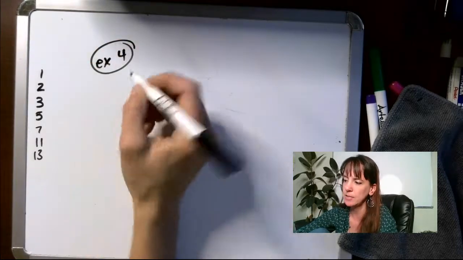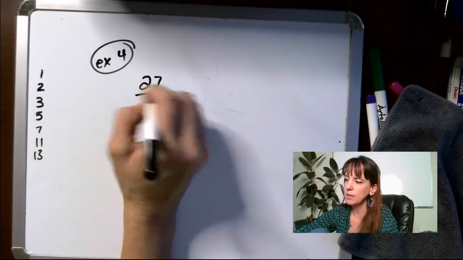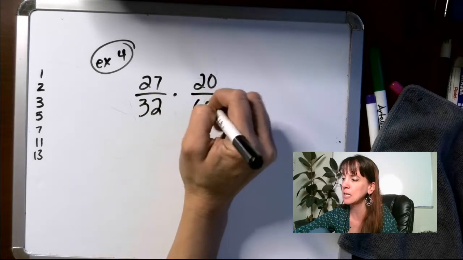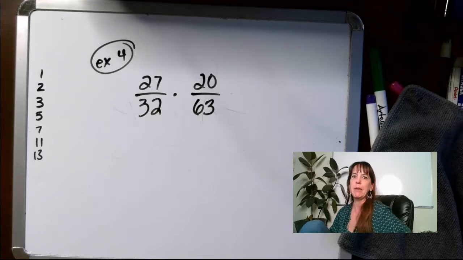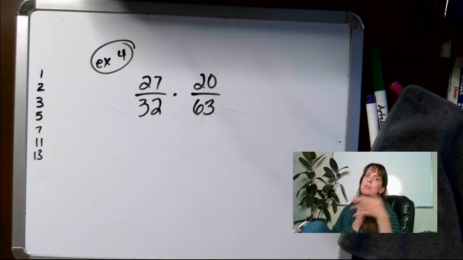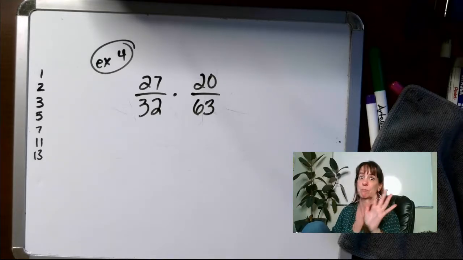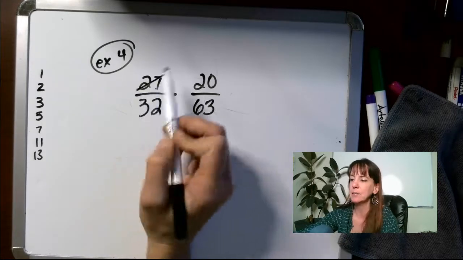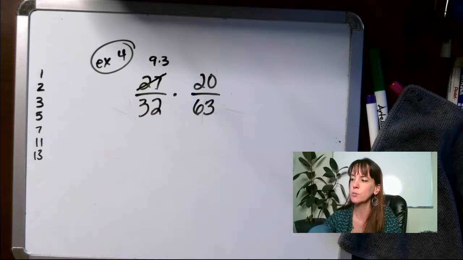Example 4, this is 27 over 32 times 20 over 63. Big numbers. You could sit here and multiply them straight across the top, straight across the bottom. You could, but more power to you. What we know 27 can be is 9 times 3, right? So let's just break that down.